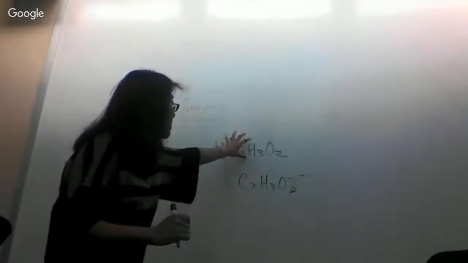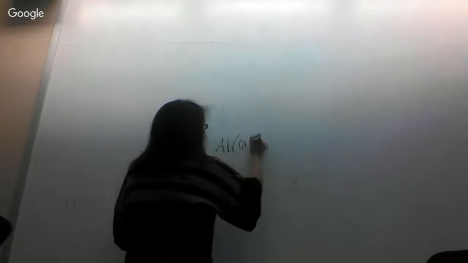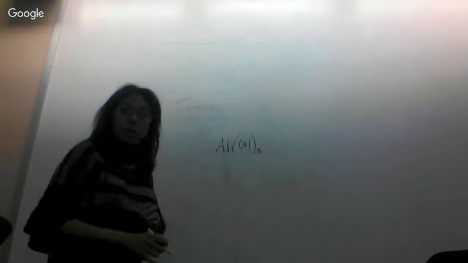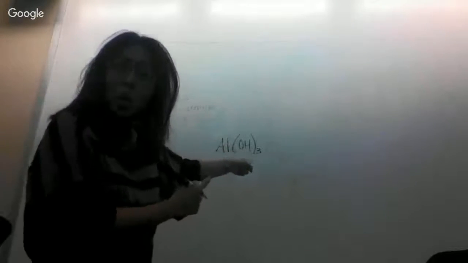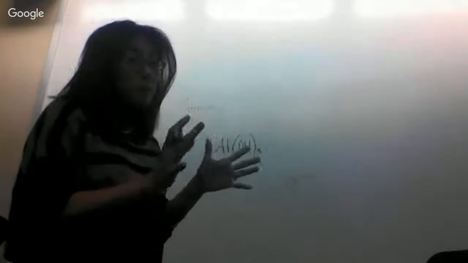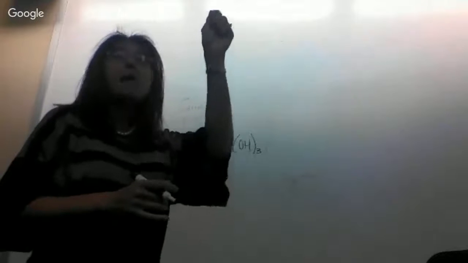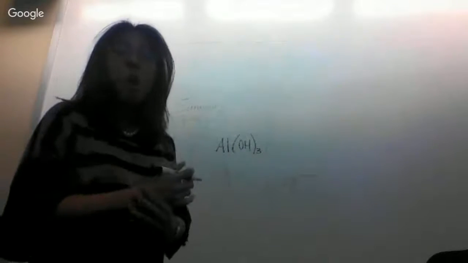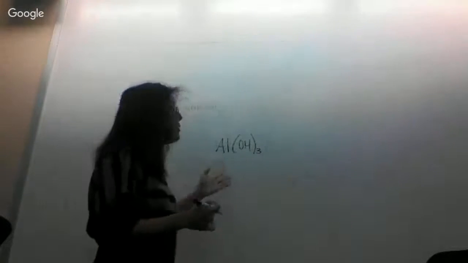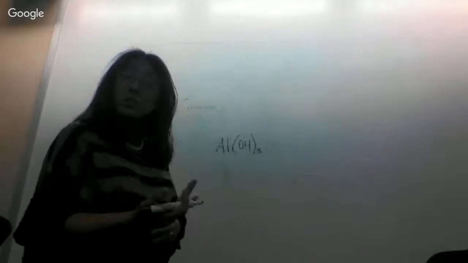So a buffer has a weak acid and its conjugate base. It has to match. The other thing you can have is a weak base. Here's a very fine example of a weak base: Al(OH)3. Now you're probably thinking, oh my gosh, Dr. Choi, there's no H. It must be a base. Remember, it has to be group 1 and group 2 to be a strong base. If it's group 3, it's not a strong base, it's considered weak.